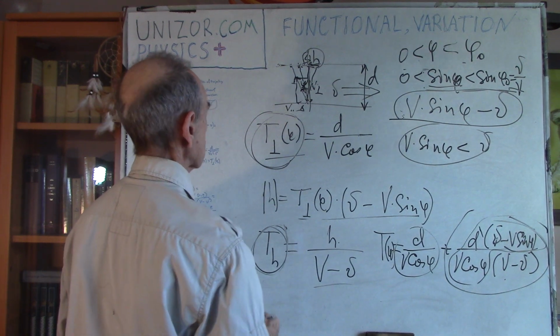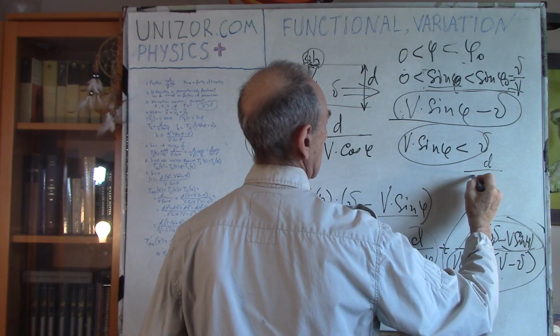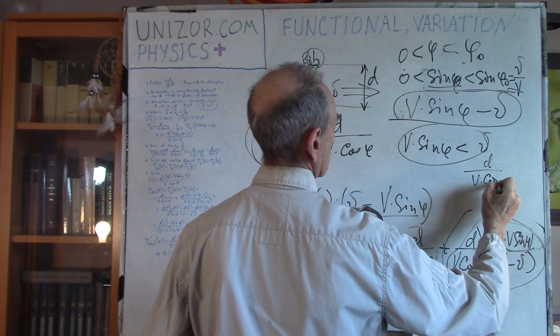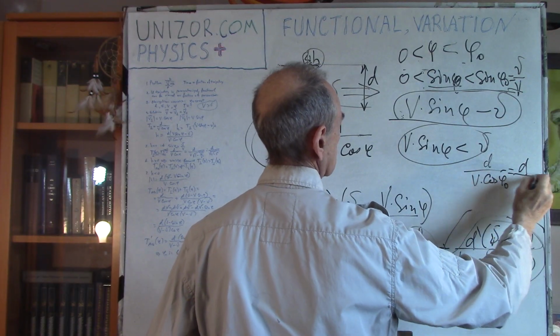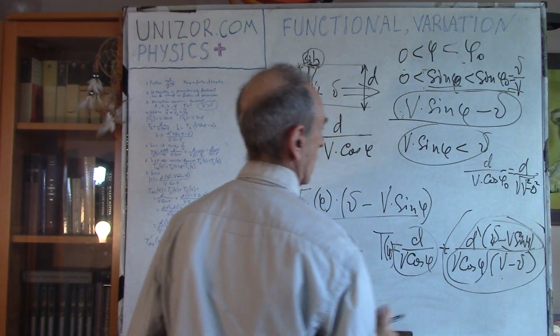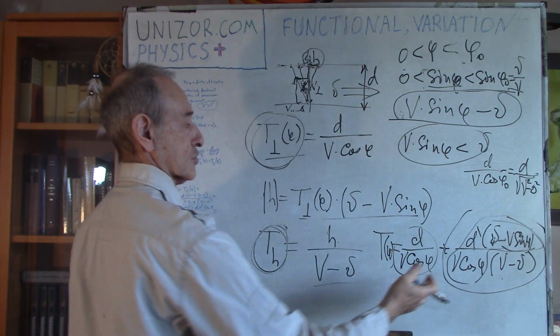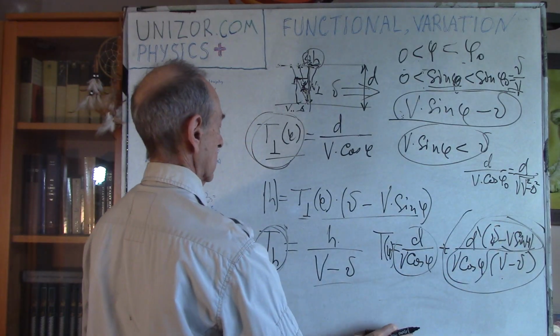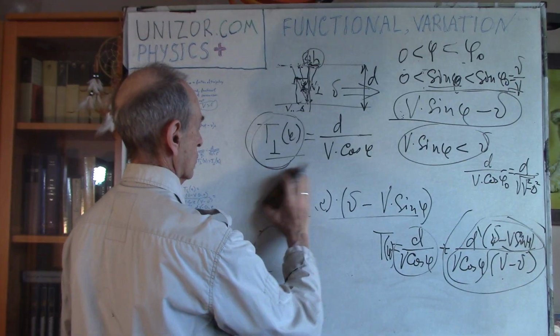Now, the result which I already have was d divided by v times cosine phi 0, which was d divided by the square root of V square minus v square. Okay, but this is a one-parameter function of phi.